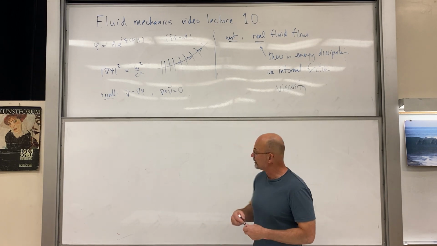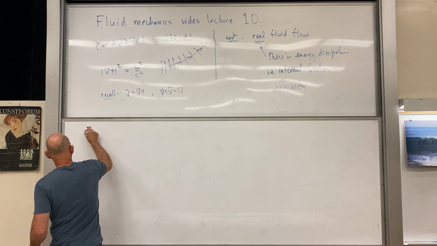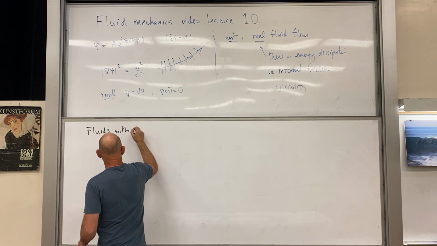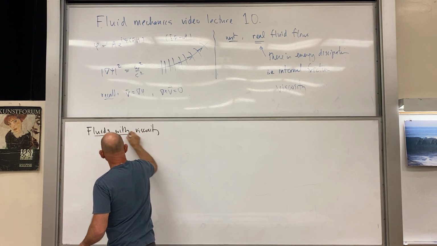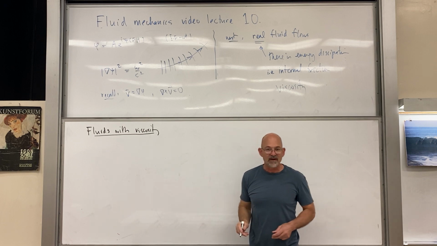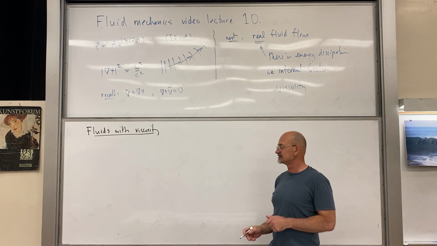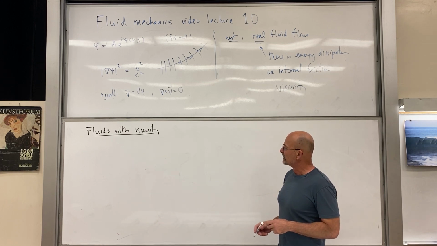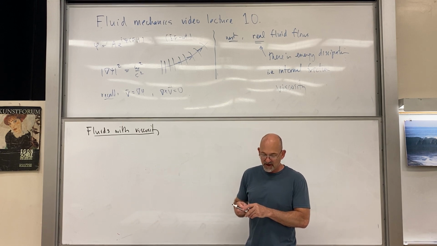So we're talking about fluids with viscosity. That's our next topic. And we've reached a point where I can't derive everything for us simply because of time constraints, but I'll motivate everything that we're doing. So the fluids with viscosity, we already mentioned energy dissipation.